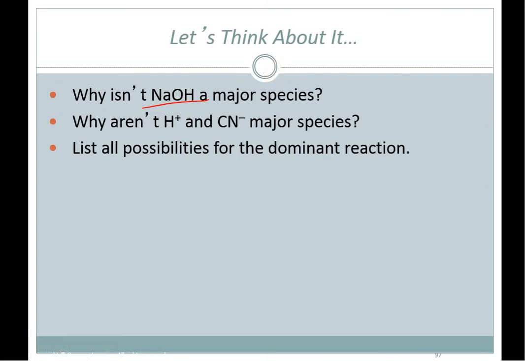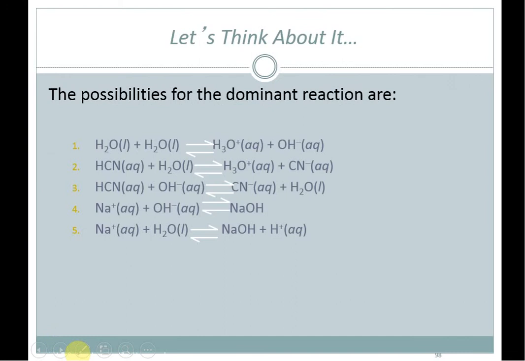H plus and CN minus are not because it is a weak acid. They tend to stay together instead. And so we can really look at all of the possible reactions. The problem is, guys, we know, for example, that this is 1 times 10 to the minus 14. This was something to the negative 10, 6.2.